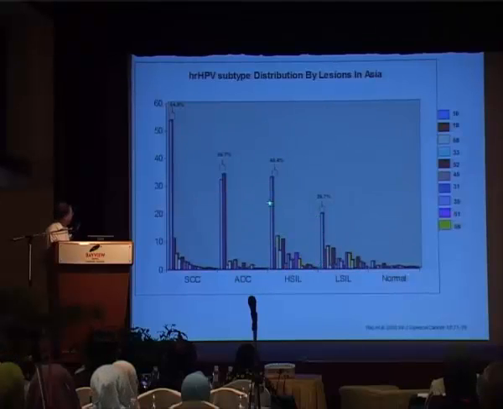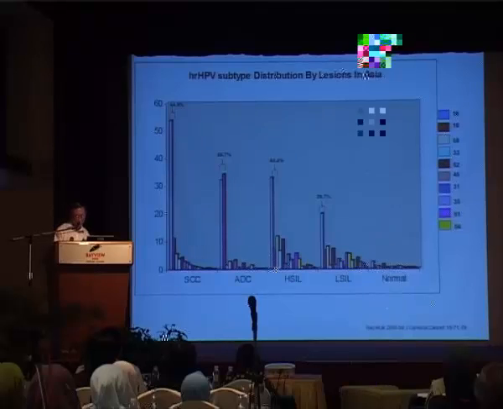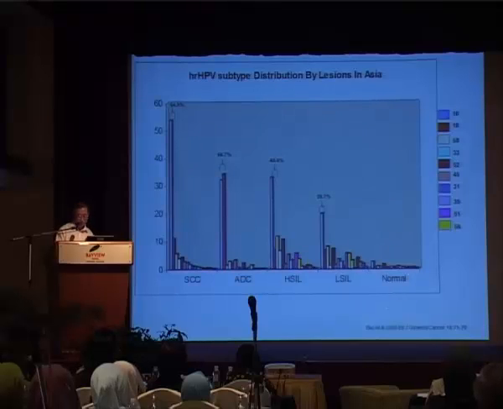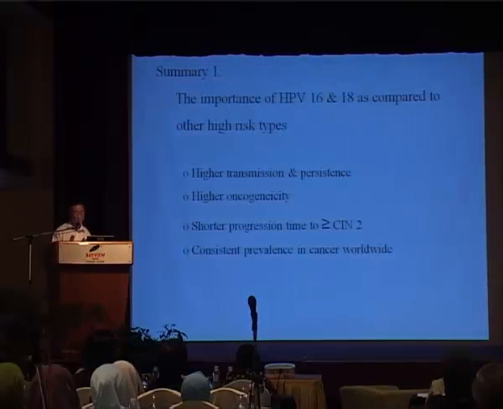You can see very distinctly that types 16 and 18, the two of them, are the most common. So as far as cervical cancer is concerned, HPV is no different in Asia or in Europe or North America.